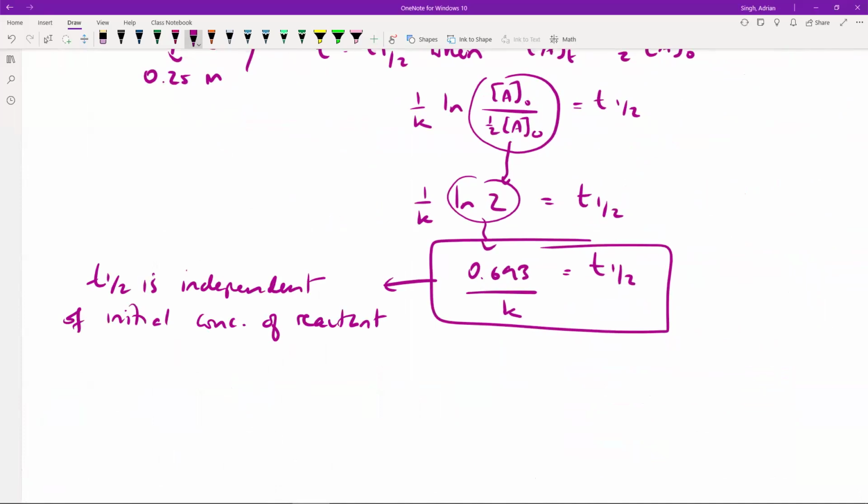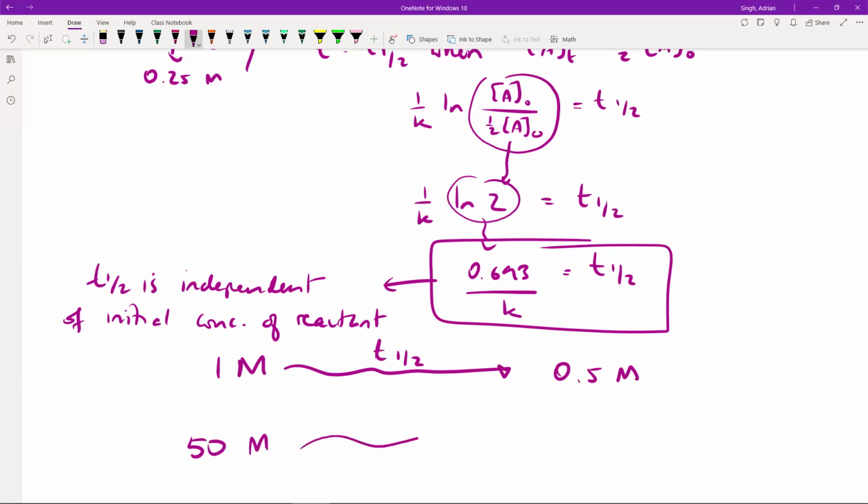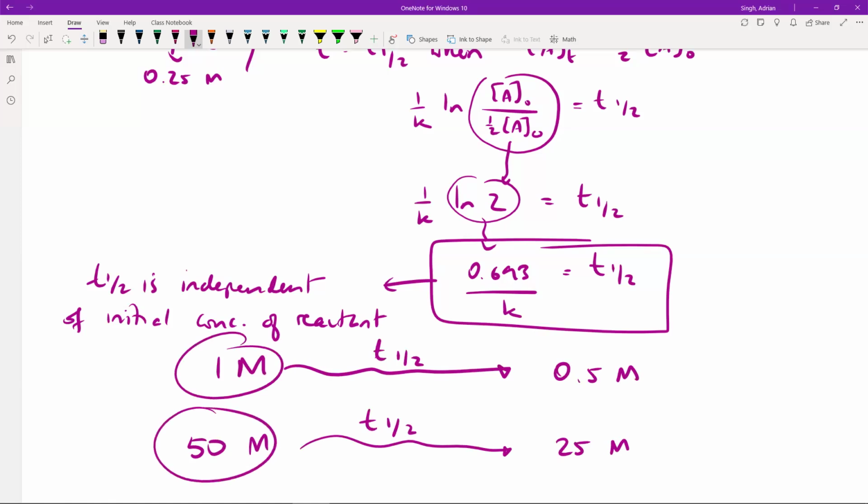So the time that it takes for, let's say, 1 molar of something to decrease to 0.5 molar is the same time that it would take if I had 50 molar of it to decrease to 25 molar. It's the same time. The half-life is the same because it is independent of the starting concentration. It's just the time that it takes for that starting concentration to become half of what it originally was.